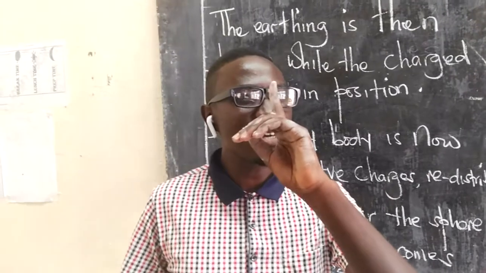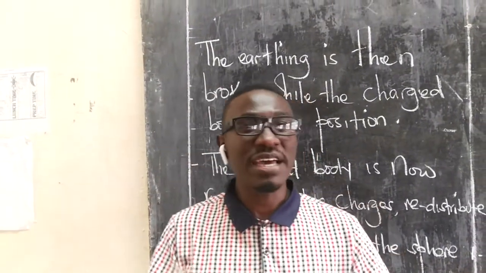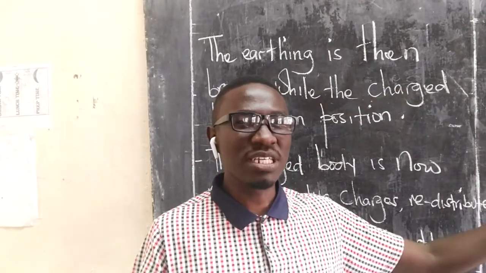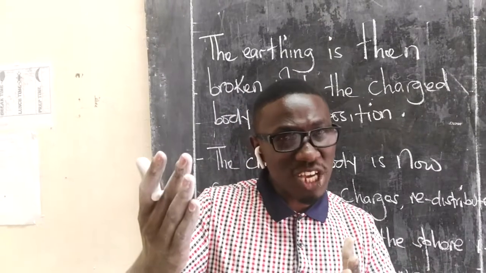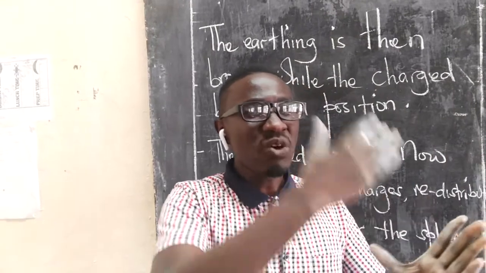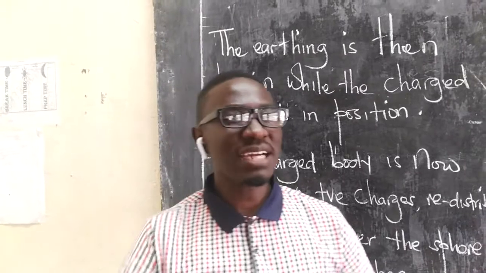You can use the same narrative to explain how you can charge a sphere negatively. This time around, you will bring a positively charged rod. Now when you bring a positively charged rod, that means that negative charges shall be induced on the side near the positively charged rod, whereas the positive charges shall be pushed far away. So you earth.